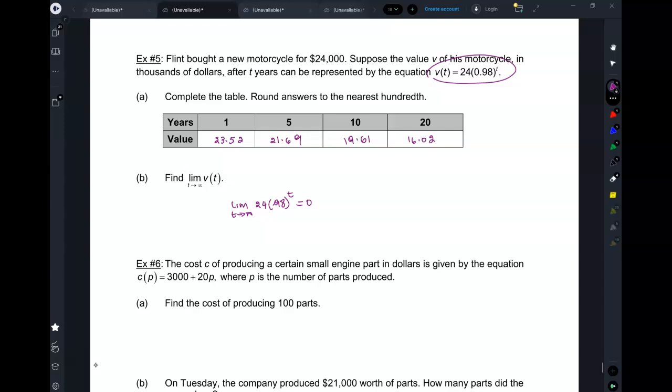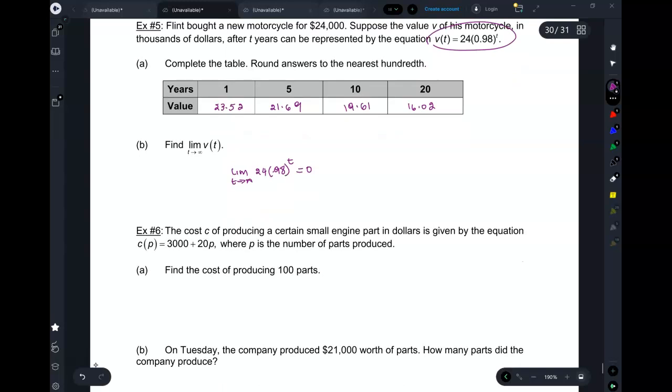Well, no, wouldn't it only be able to decay to 24, because when t is 0, then 0.98 to the 0 would be 1, and then it would be 24? No, so 0.98 is a fraction. Let's say it's like 1 over 10 or something, right?